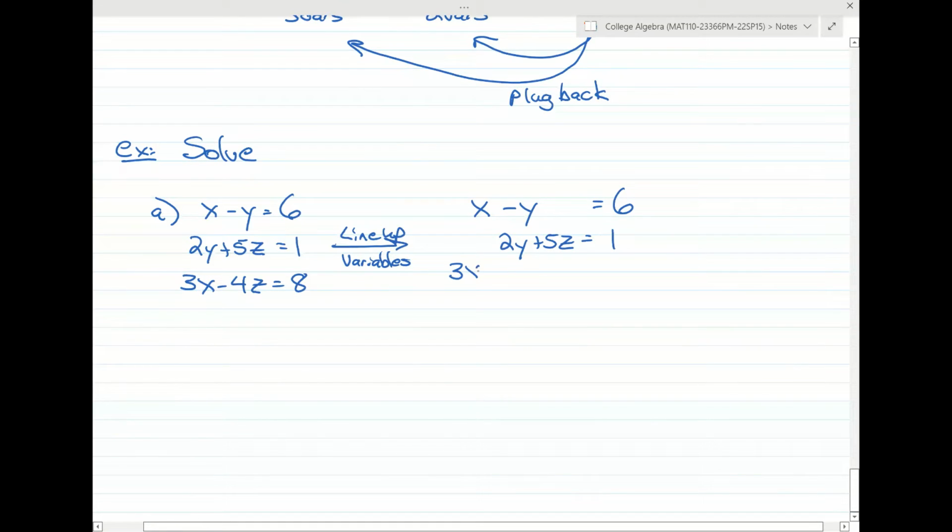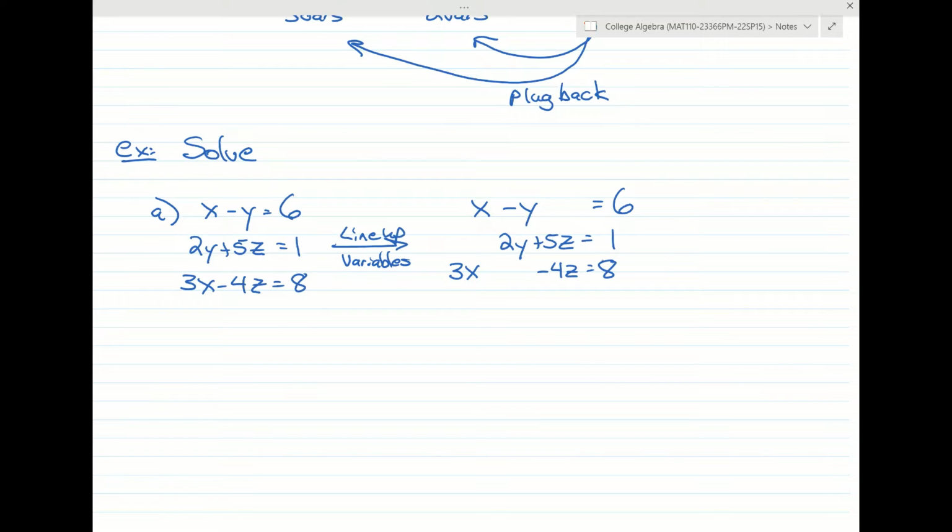And we have 3x minus 4z is equal to 8. Somehow we want to go from 3 equations, 3 unknowns, to 2 equations and 2 unknowns. So does anyone have any suggestions how we can go from these 3 equations to just 2?